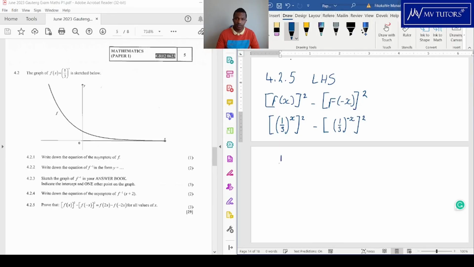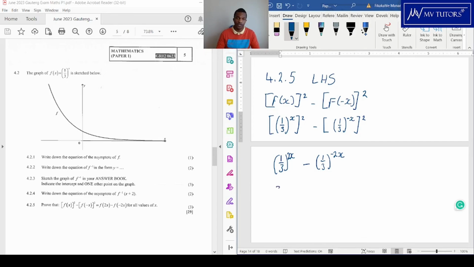It gives us 1/3 to the 2x, because 2 times x gives us 2x, minus this side, still 1/3. 2 times minus x is -2x. Okay, I don't want to confuse you now, but we can get rid of the fraction.